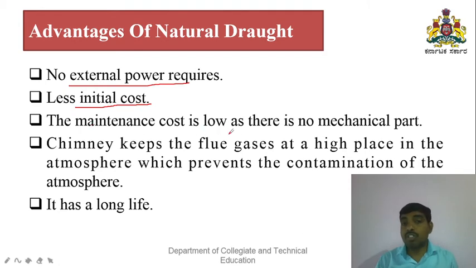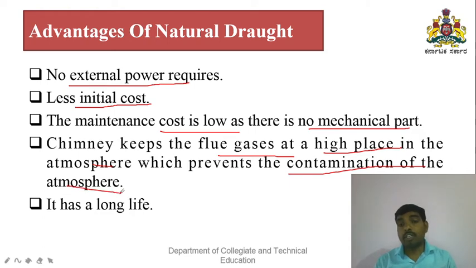The maintenance cost is low as there is no mechanical part. Mechanical parts need lubrication and more maintenance, but here no extra attachments are used to get the natural draught, so the maintenance cost is very low. Again, the chimney keeps the flue gases at a high place in the atmosphere, which prevents contamination of the atmosphere.